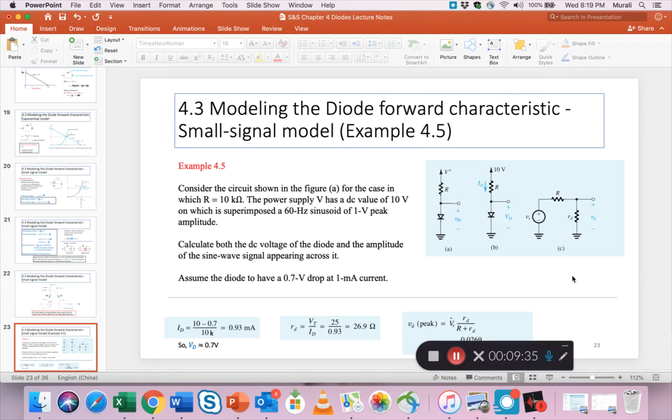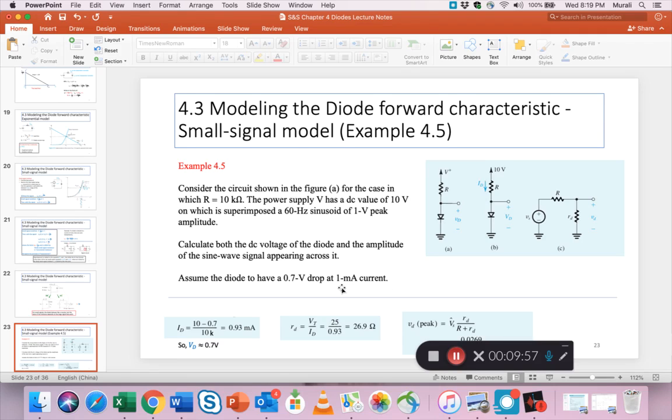So we now know the voltage drop across the diode, because we've been told that at 1 milliamp the voltage drop is about 0.7.